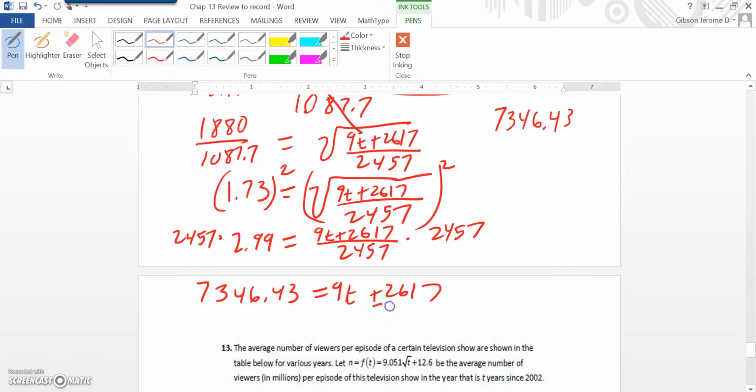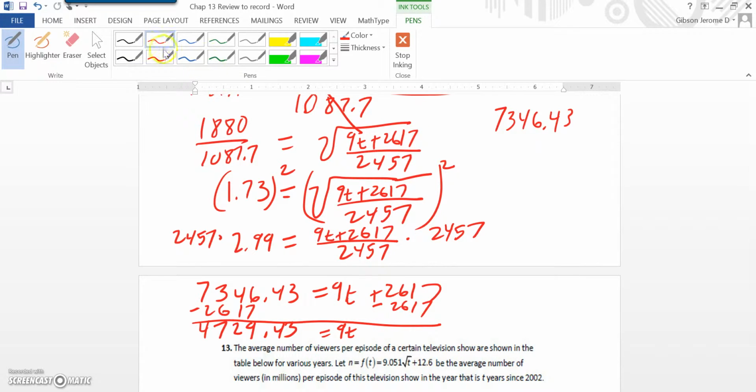Now we would subtract 2,617 on both sides. That would be 4,729.43, and that is equal to 9T.